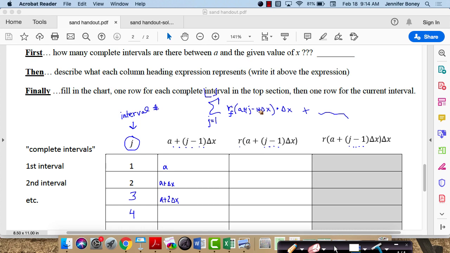That's where the horizontal line segments meet the curve. So those two, the curve and the line segments, have the same values at x equals a, x equals a plus delta x, a plus 2 delta x, and so forth, because that's how we made this approximate rate function. So these are all x values, and they're all at the left end of intervals.